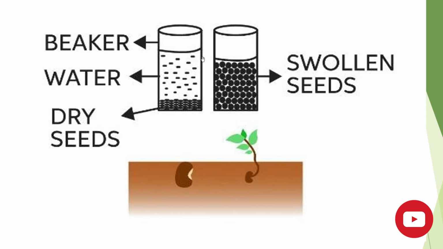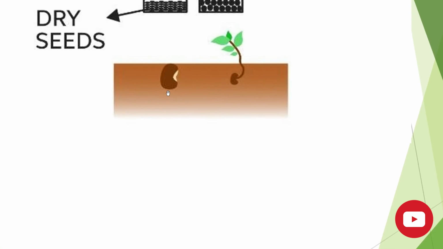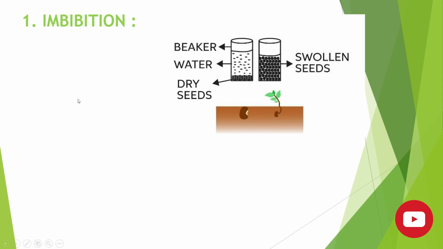And the level of water has also fallen, which proves that the seeds have absorbed water. Now the seeds are non-living things, and here a germinating seed is also absorbing water. The example of a germinating seed is a living example.